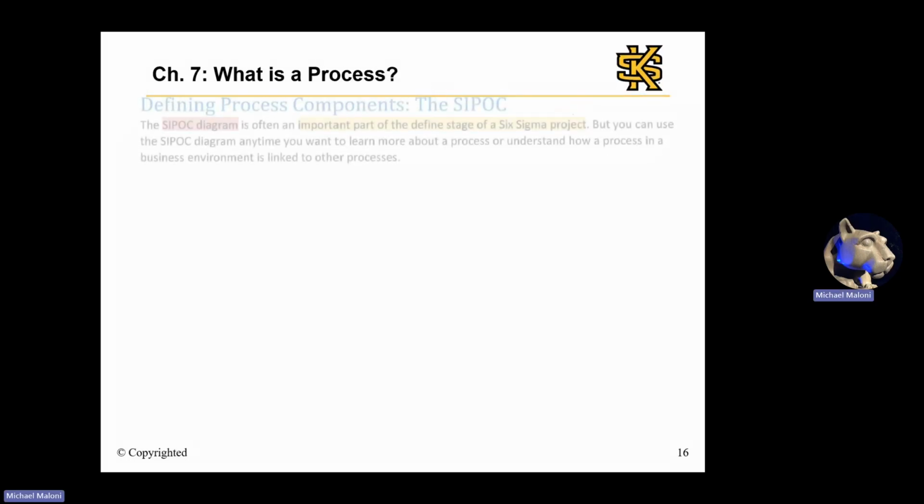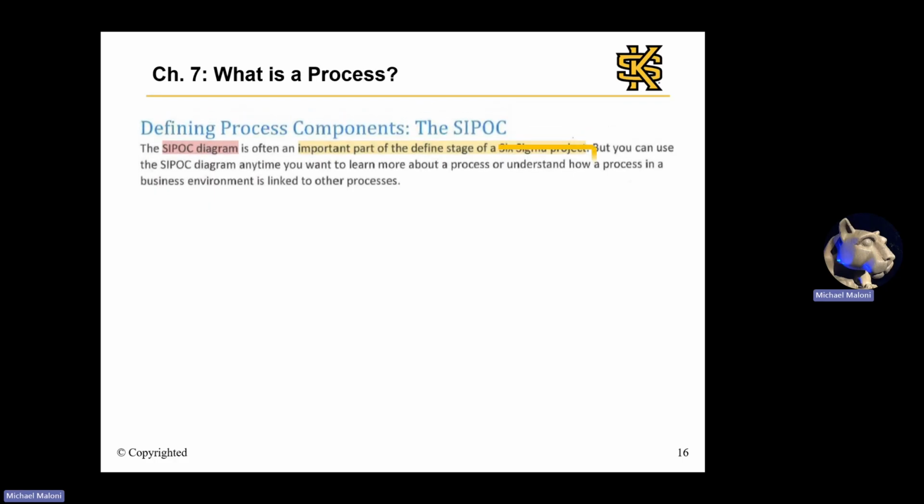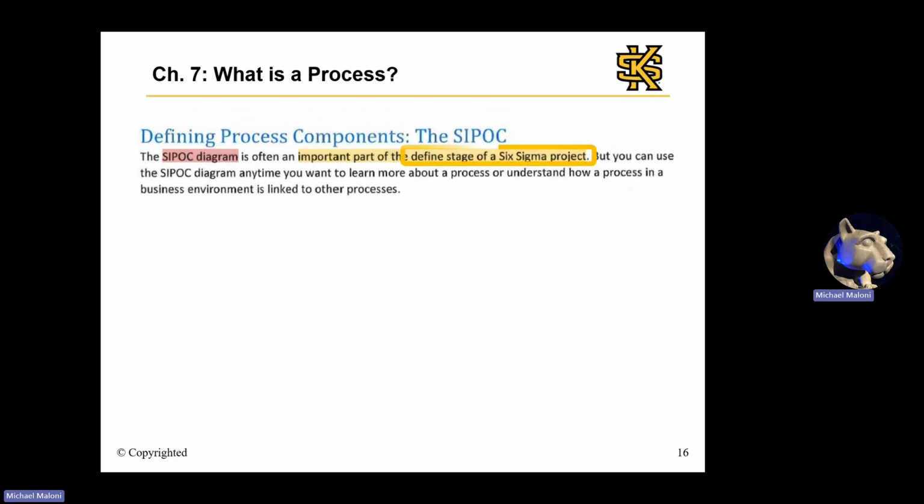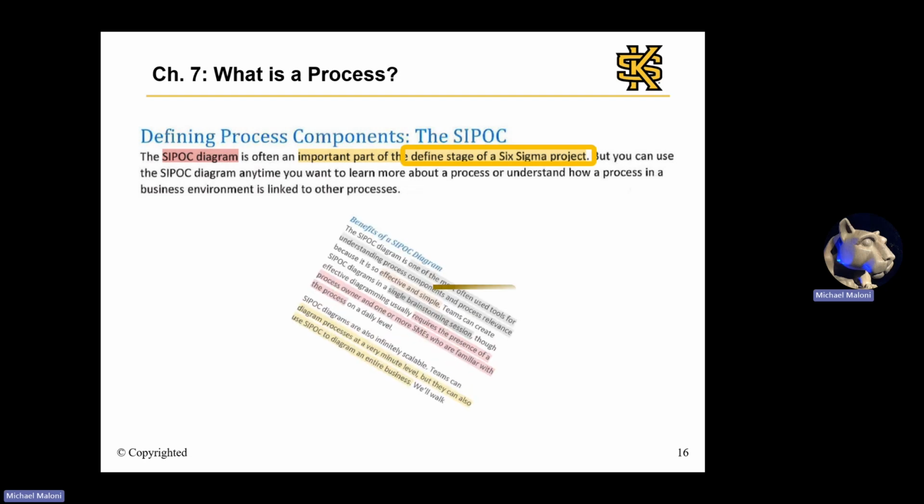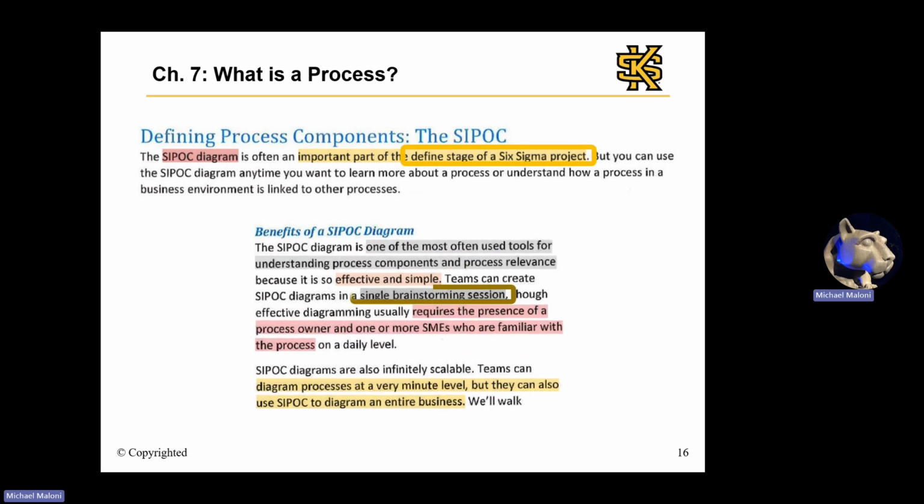The SIPOC diagram is typically developed in the define stage of DMAIC, and it can be developed in a single brainstorming session with the help of the process owner and subject matter experts. And again, SIPOC diagrams are scalable, representing a very detailed process or the organization as a whole.